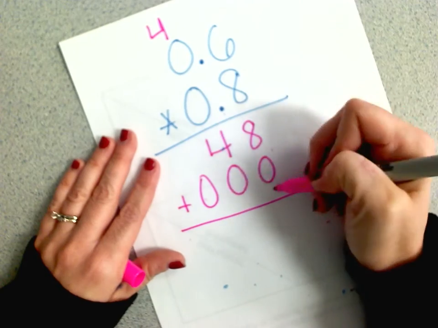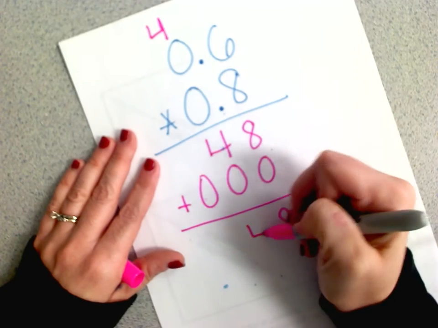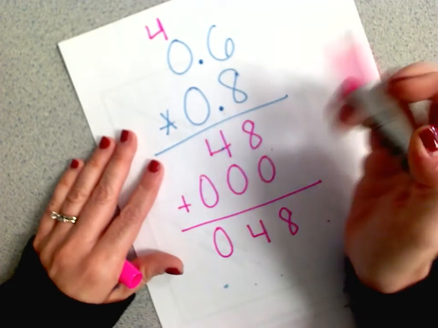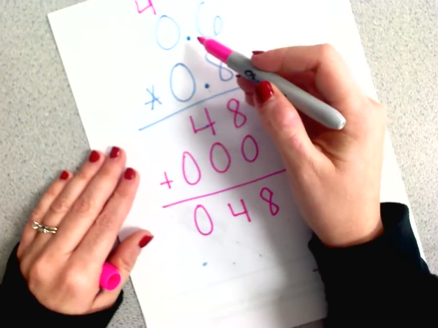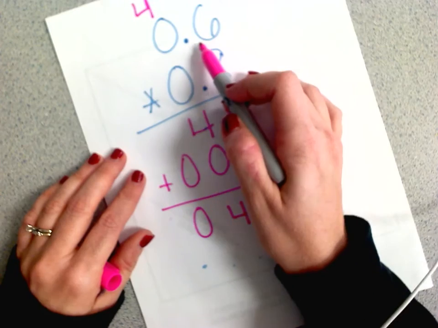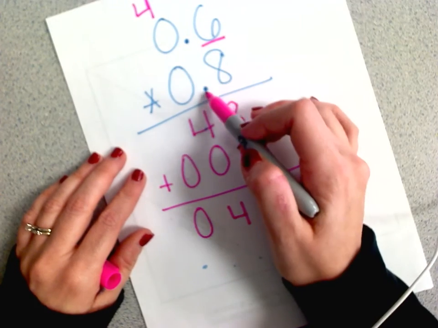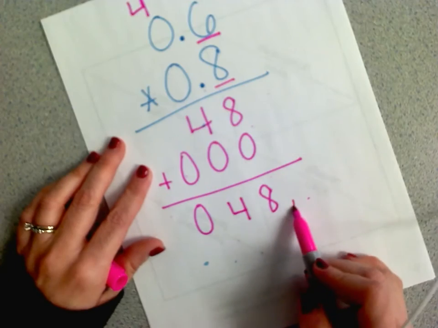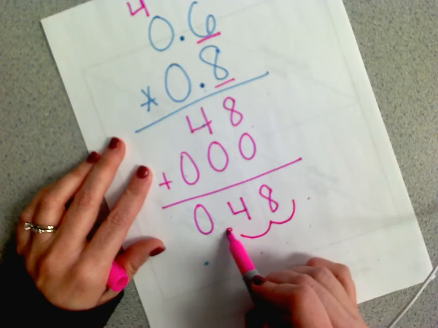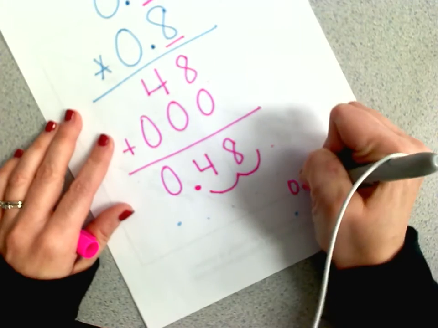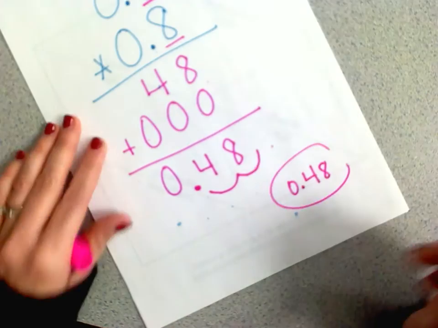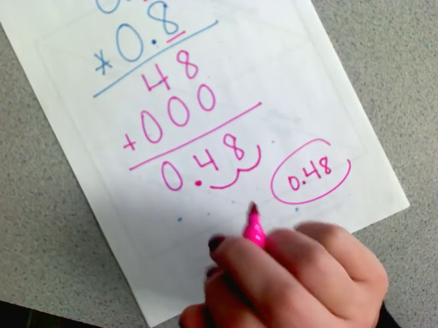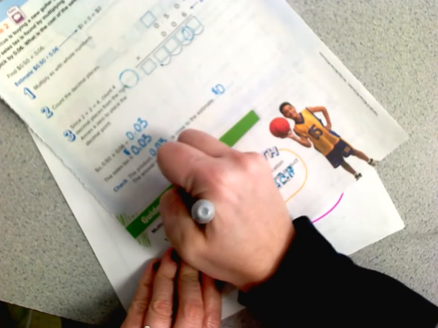Add 8 plus 0, 8. 4 plus 0, 4. 0 plus 0, 0. We have how many places next to a decimal point? 1, 2. So let's hop in, 1, 2 from the end. Our answer, 48 hundredths, 0.48.